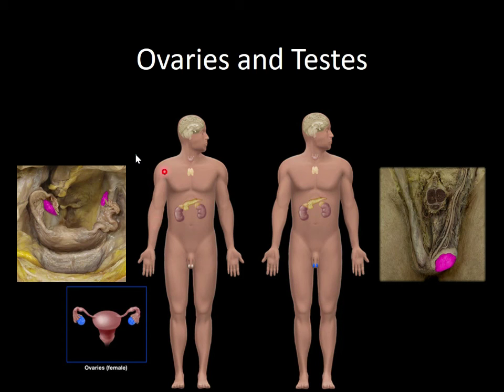Then we also discussed endocrine organs associated with sexual function, and here we see the ovaries and testes. Ovaries are located in females and produce ova, and then we also have the testes in males that produce hormones that will regulate sperm production.